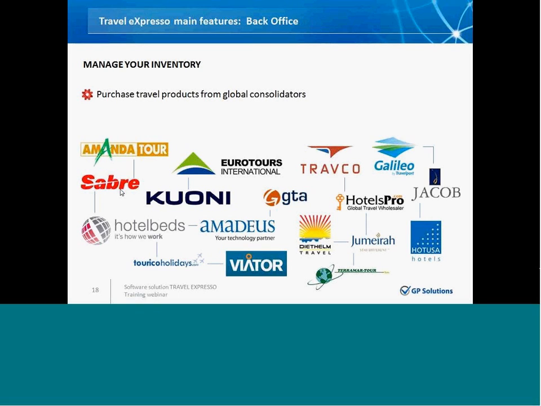They can just use the web interface to book flights. Also, you can connect to hotel suppliers like Hotelbeds, like Tourico, like GTA, Hotel Pro, and others. And you will get more than 100,000 hotels all over the world at good prices and with the possibility to immediately search and book these products online.